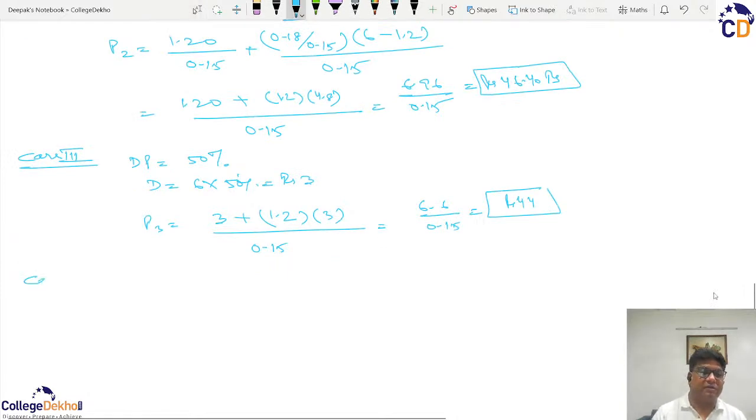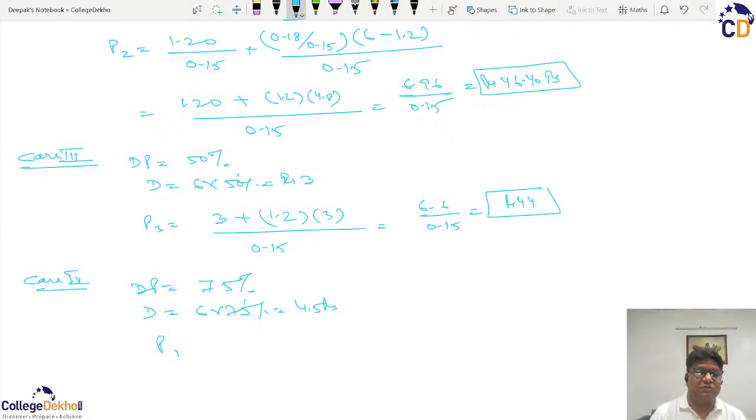Similarly, if I take case 4, that is the DP ratio is 75%, the dividend is 6 into 75%, that is 4.5 rupees. So P4 will be 4.5 plus 1.2 multiplied by 1.5 upon 0.15. So 1.2 multiplied by 1.5 is 1.8, plus 4.5, divided by 0.15. So the price will be rupees 42.